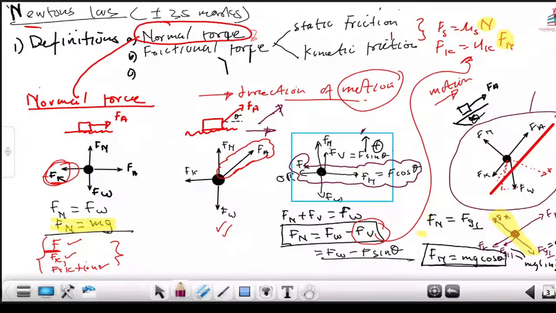If it is a yes, then you need to resolve that into components for the purpose of calculations. If I'm working with an inclined plane, I must also break it into its components only for the purpose of calculations. Happy, Blessing?